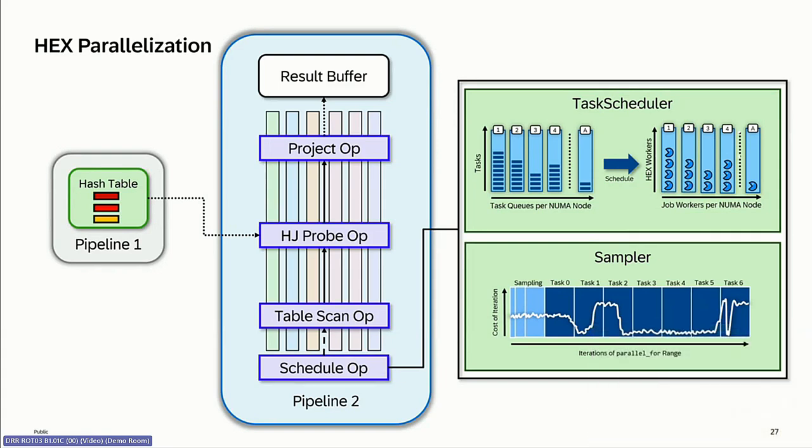One is a sampler, right? We try to measure the time of every job and try to find out how big a task size must be in order to be efficiently evaluated. And secondly, we have a task scheduler, which maintains a task queue on a per NUMA node basis, right? And in the background, we use a facility that basically knows the entire workload of HANA. So we start whatever jobs are necessary to process efficiently while keeping a balanced workload between other queries, for example.